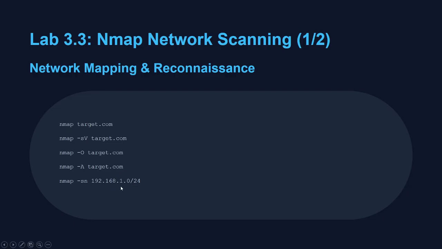Then we can proceed to see the open ports. To check the open ports, you can use -p-, or you can scan the top 100 common ports, and then check the service and operating system if you need, and stuff like that.